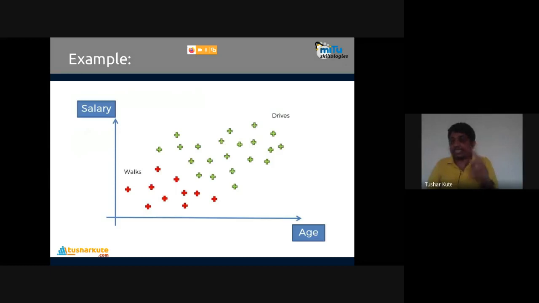Let's see a simple and perfect classification, and why Naive Bayes is taken. Naive Bayes is a core classifier, meaning it is used for classification only. Other algorithms like decision tree can be used for classification and also regression. Random forest is used for classification and regression. SVM both, KNN both. Naive Bayes is a classifier only. It is not used for regression algorithms.